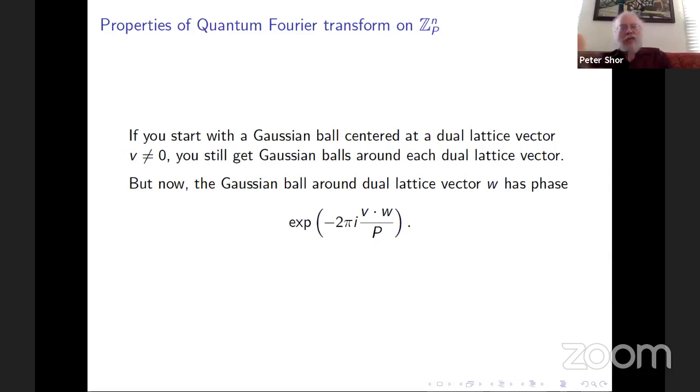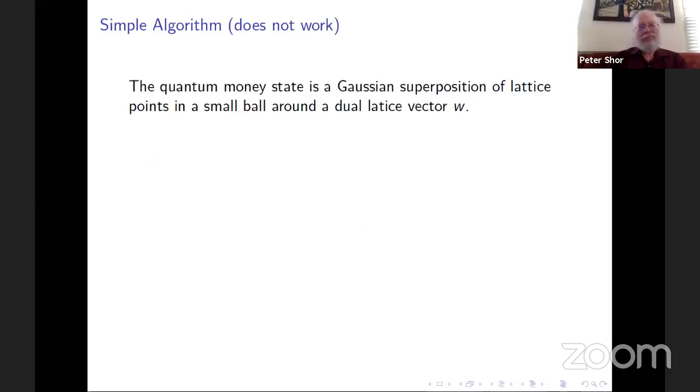And that phase is e to the minus 2 pi i v dot W over p. I'm not going to give the equations that prove this because they take a long time to go through and they're not particularly informative, but this is what happens. So now I think I have enough to describe the simple algorithm.